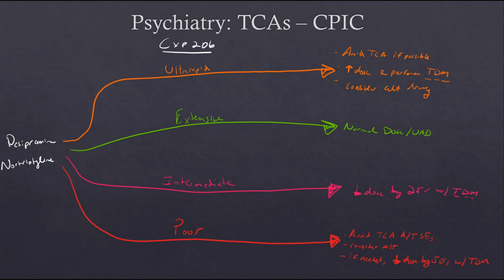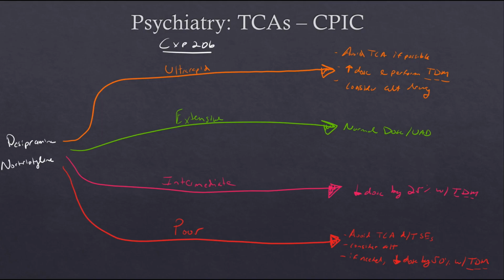But if you really do need these drugs, maybe they've had some benefit in the past, or maybe they're having partial benefit, we see that a lot, then you go ahead and you're shooting to decrease the dose by 50%, maybe with your final dose or your initiating dose, or even with your dose increases, and to monitor that again with therapeutic drug monitoring.